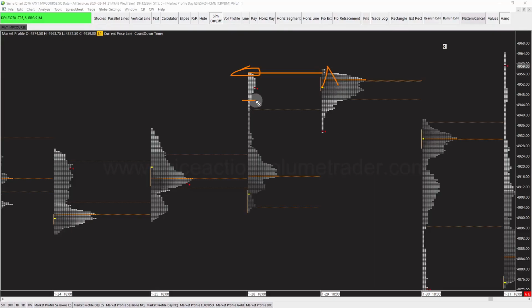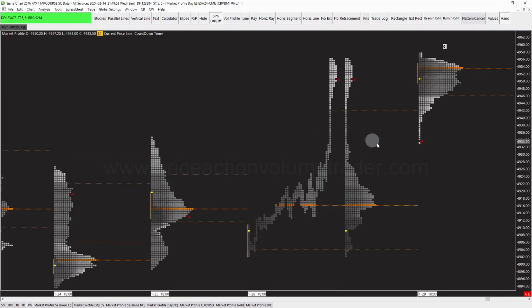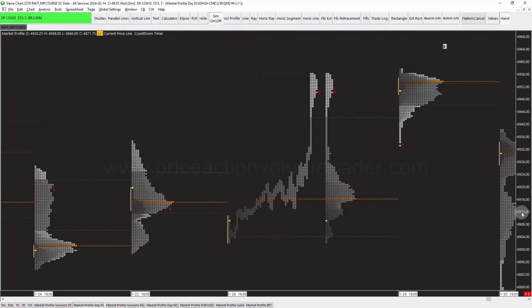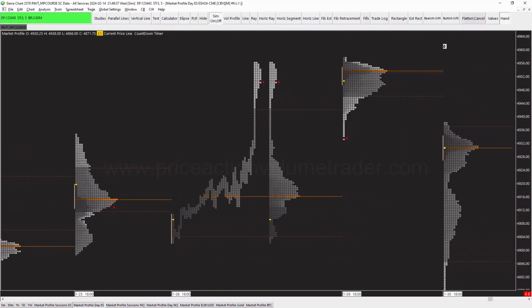Here we had a single print from this impulsive move, and we can actually split this profile so you can see these single prints were left right over here towards the end of the day when we had this big impulsive move up.